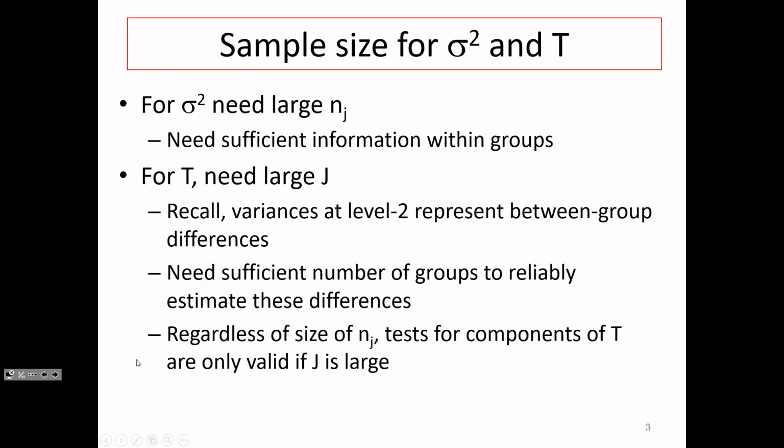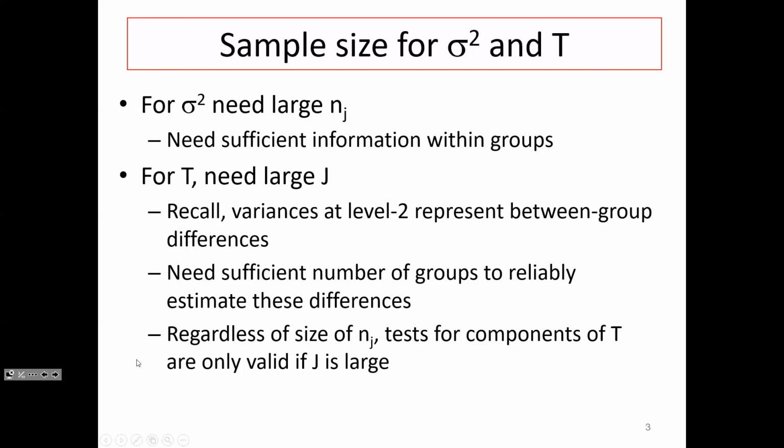But for tau, because this is about between cluster variance, what's really salient is the number of clusters, right? Because we're looking at the variability across clusters. So the most important thing to get a good estimate of tau is to have a decent number of groups, so we can reliably estimate those variances.